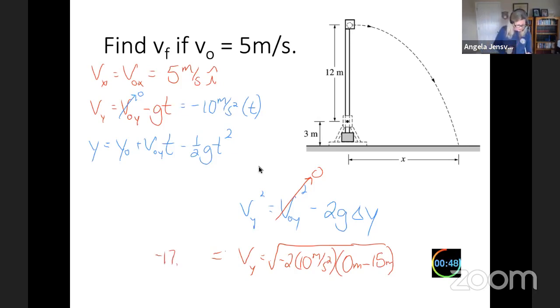Why is it negative? Does this make sense? Remember, we were trying to get into the practice of looking at our answers and seeing if they make physical sense. So why is the vertical component of velocity negative? Because it's going down. It might be going sideways at the same time, but it's also going down. So negative 17.3 meters per second.